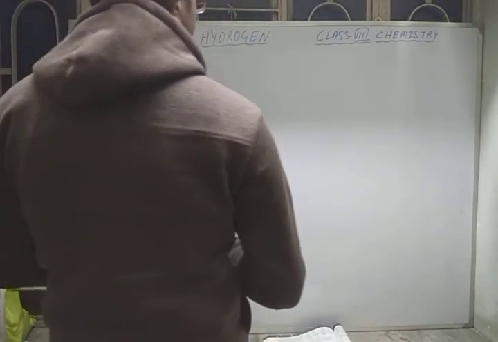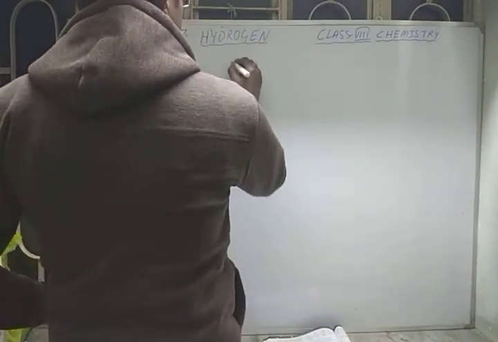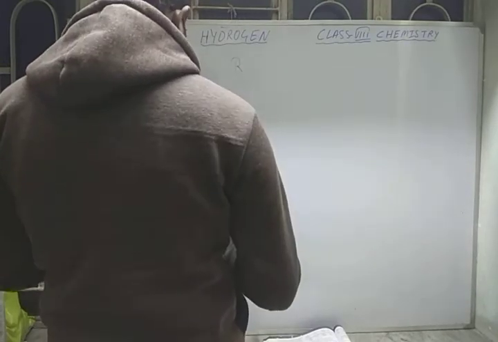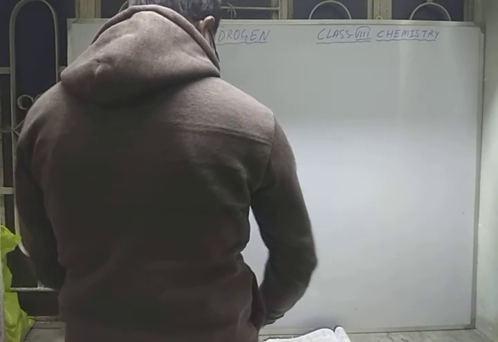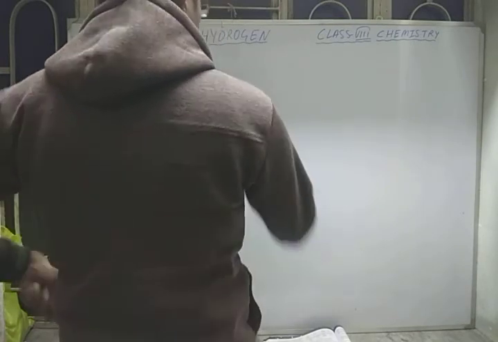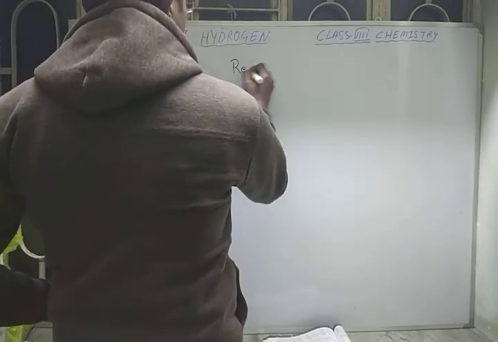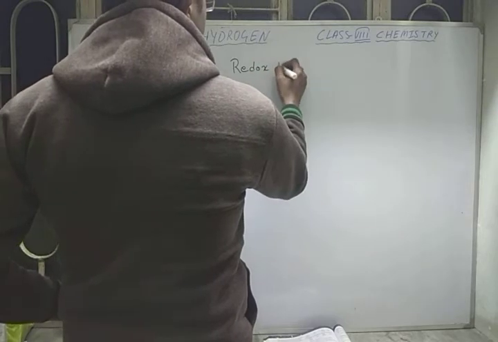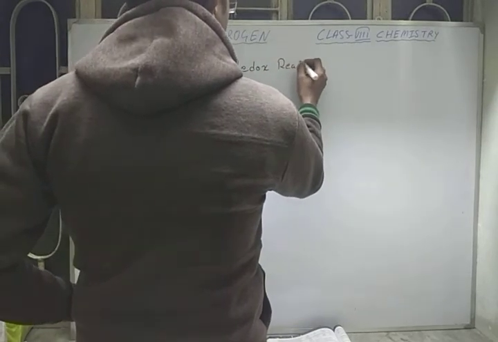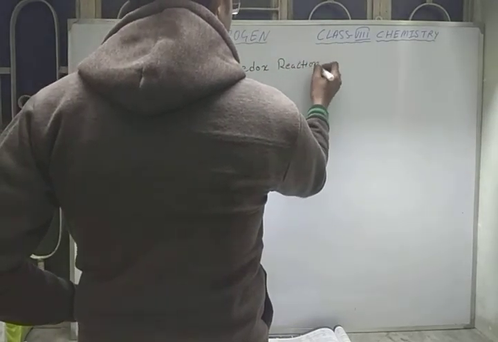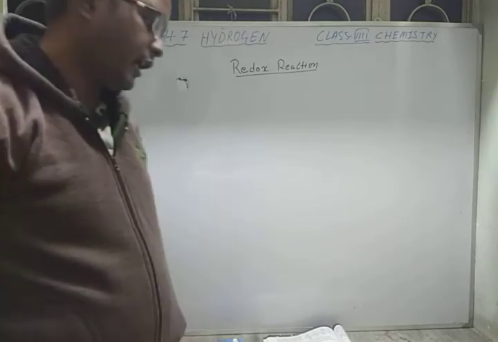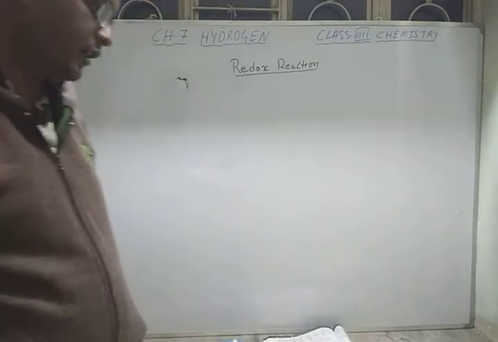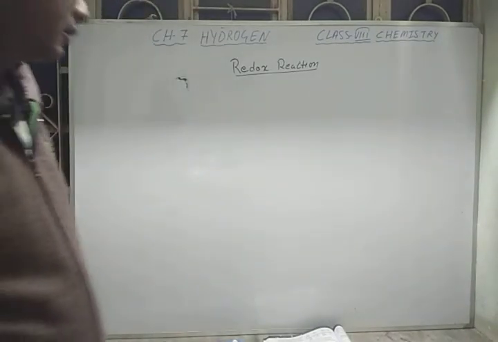Now the next point is the redox reaction. What is a redox reaction? A reaction in which oxidation and reduction take place simultaneously is called a redox reaction.